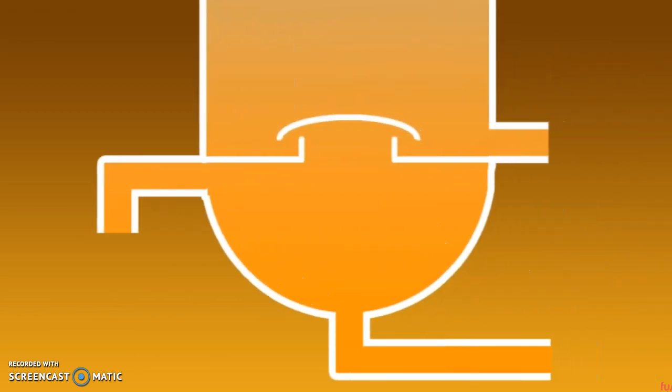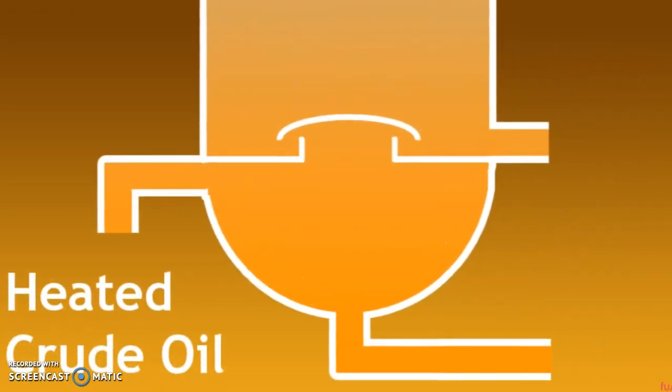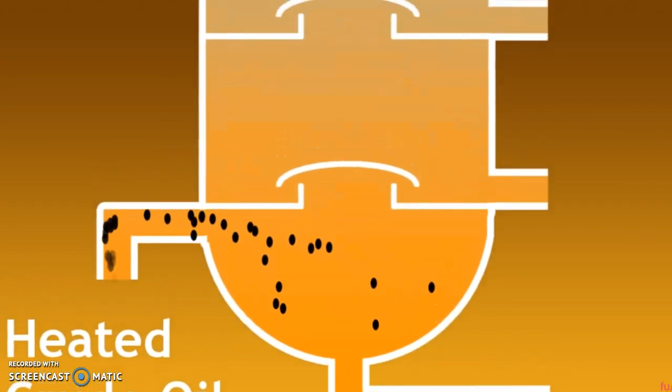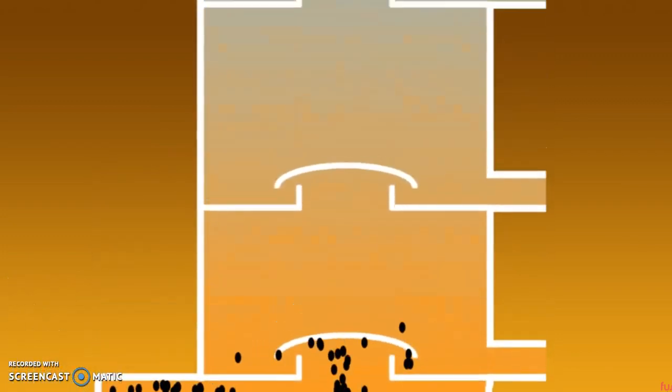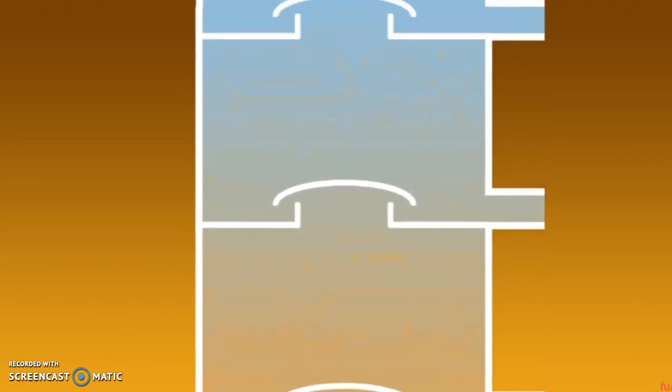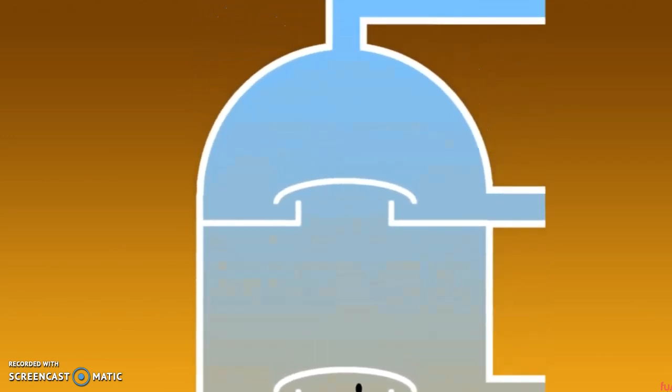Let us look at how this method works. As you can see, crude oil is heated up to a high temperature outside of the fractionating column. The hot crude oil, now mostly in vapour form, is pumped into the column. The column has a heat gradient and is very hot at the bottom, going cooler as we move up to the top.